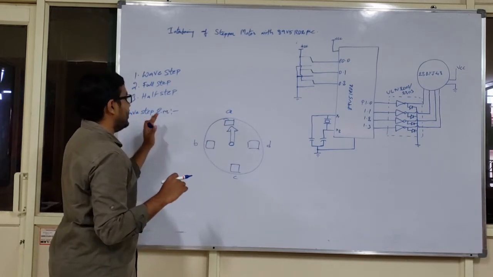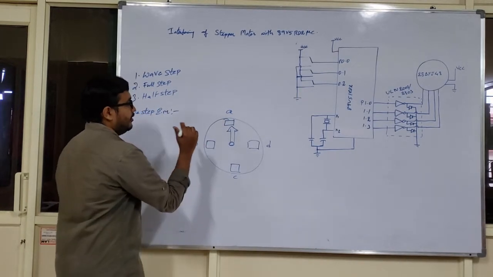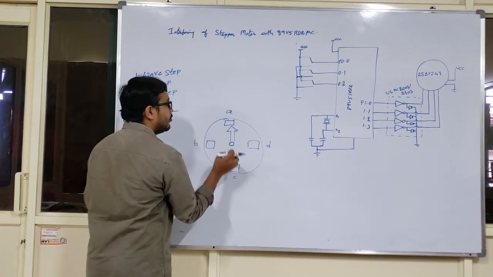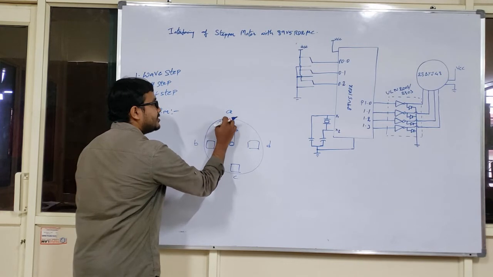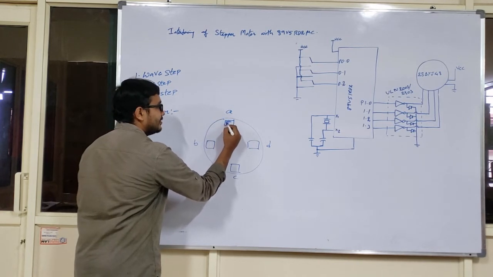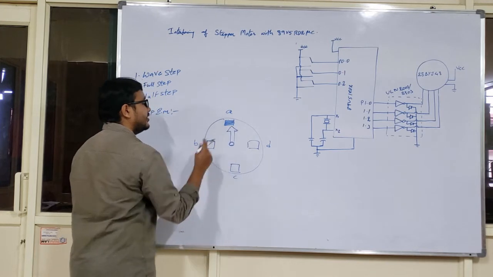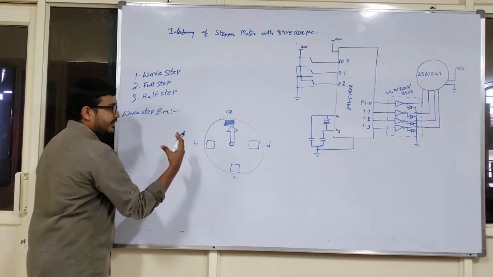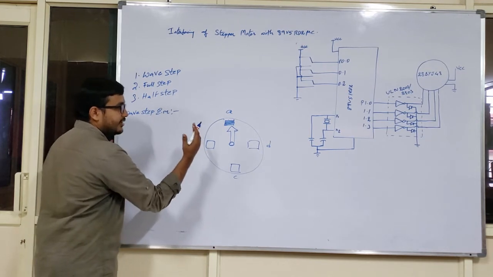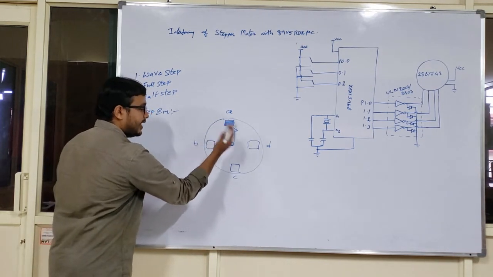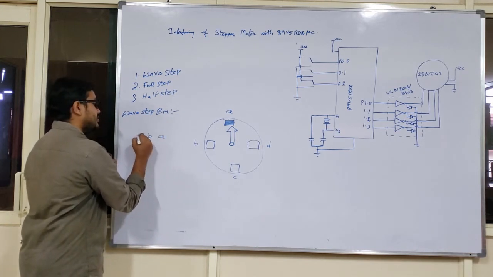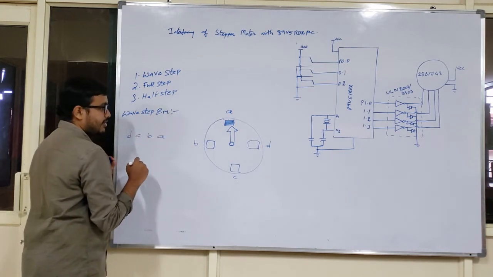So, in the wave step excitation mode, whenever the shaft is pointing towards one phase, that phase will be getting energized. That phase will become energized. Immediately after receiving the next pulse, the shaft is making a clockwise or anti-clockwise direction, that means A, B, C, D. These are the 4 phases I am having now.